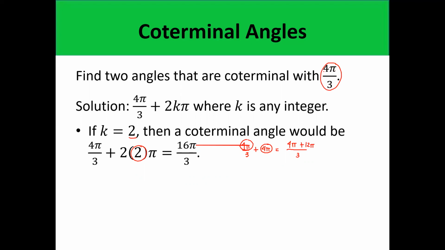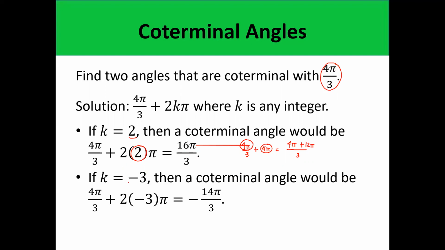Now, another coterminal angle would be whenever k is equal to negative 3, then a coterminal angle would be 4 pi over 3 plus 2 times negative 3, which is the value of k, times pi. So this is the same thing as 4 pi over 3, and then 2 times negative 3 here is minus 6 pi.